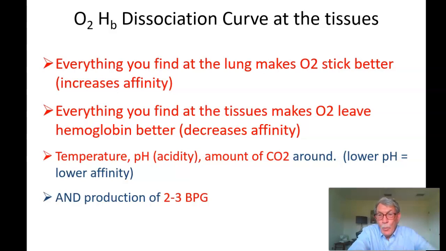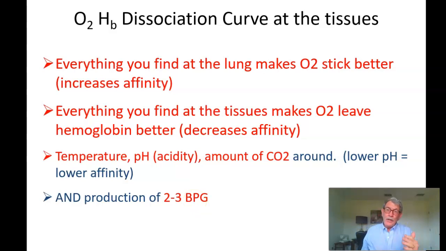And yet there's one more thing that you can make. This is 2,3-bisphosphoglycerate, 2,3-BPG, is made as part of the glycolysis process, glycolytic pathway. You make 2,3-BPG as part of glycolysis. Well, glycolysis happens when you're anaerobic.